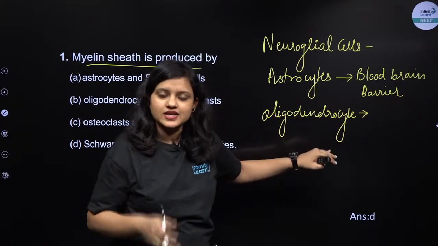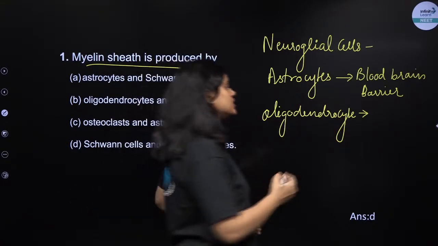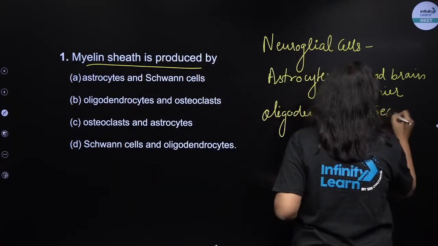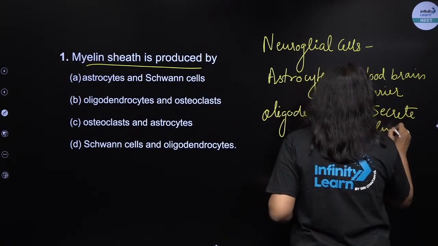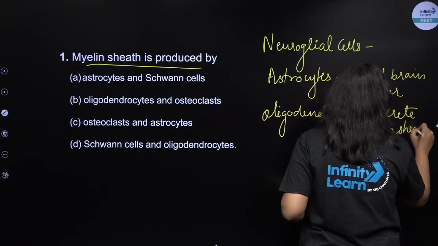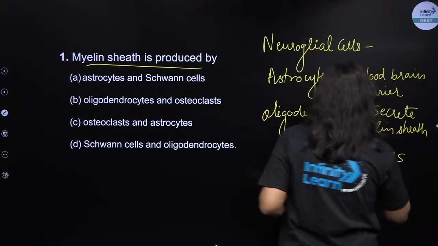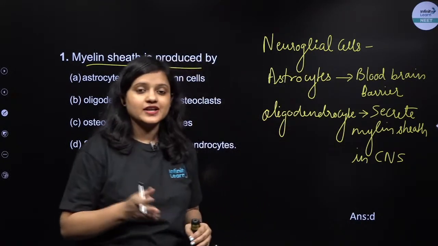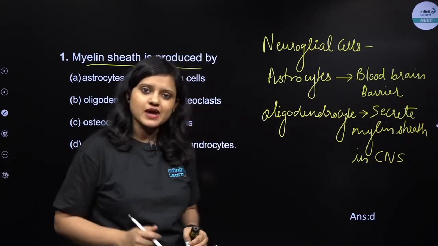Oligodendrocytes are the ones that will secrete myelin sheath in CNS. In the peripheral nervous system, just now we have discussed, Schwann cells will produce myelin sheath.